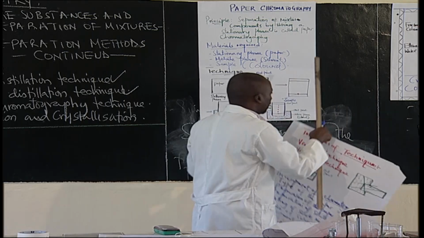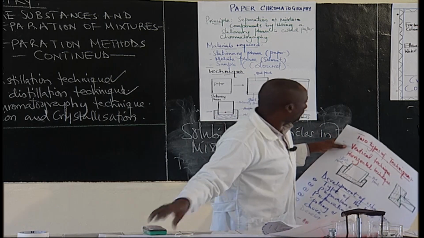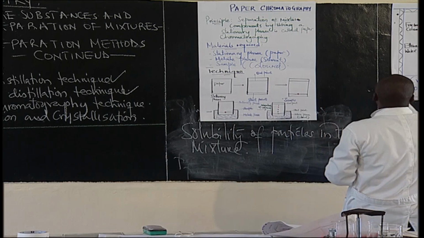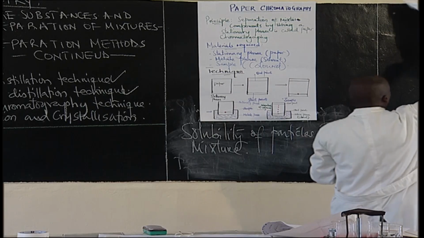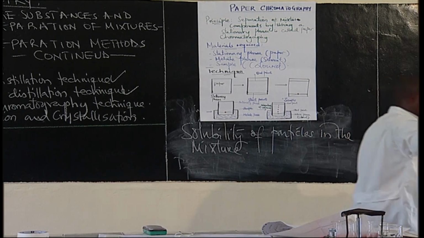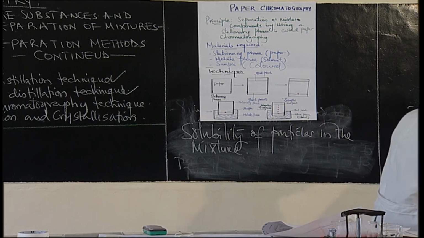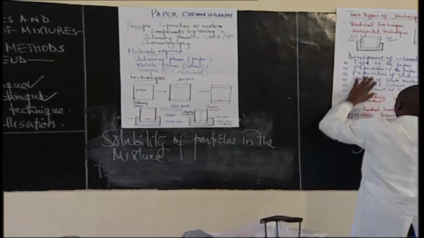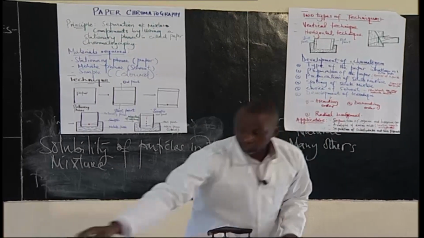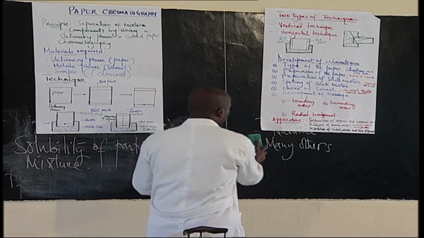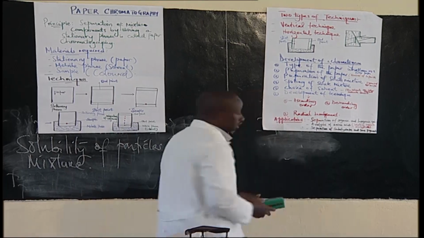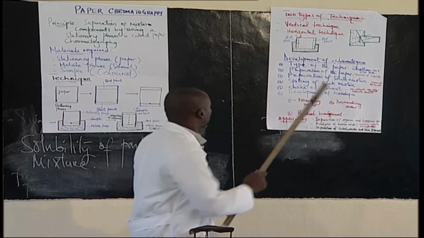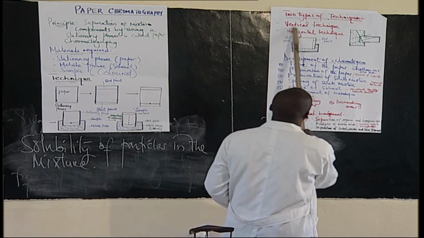And then let's look at the types of the techniques that can be used. We are still on the chromatography. We have the horizontal technique, and then we have the vertical technique.